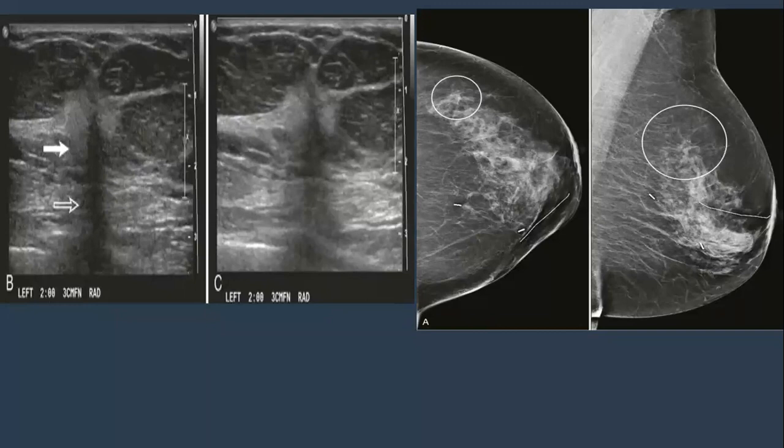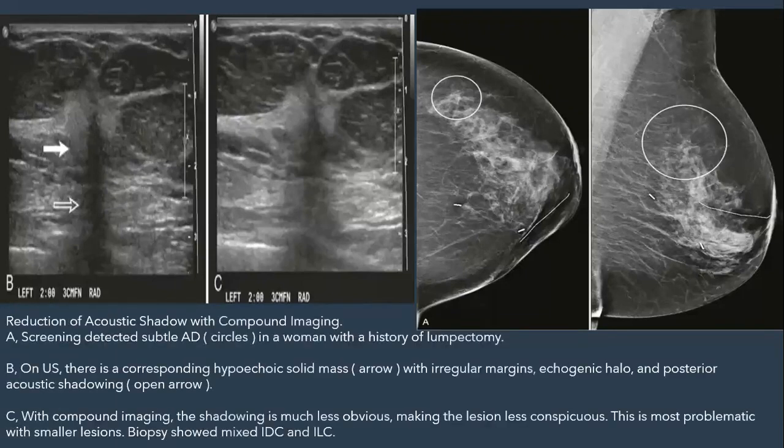We said harmonics usually make it more conspicuous, but the technique that eliminates the shadowing is compound imaging. So it is because of the compound technique that the shadowing is eliminated. If it's a small lesion, it's difficult to visualize. Here we could see the lesion by the shadow. The lesion is not very clear, but shadowing signifies that there is an underlying lesion.